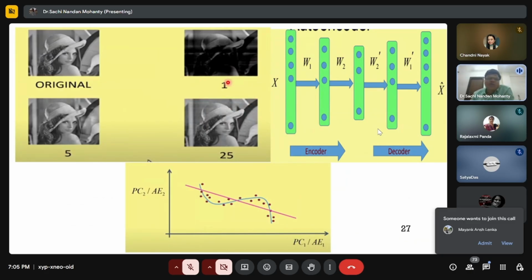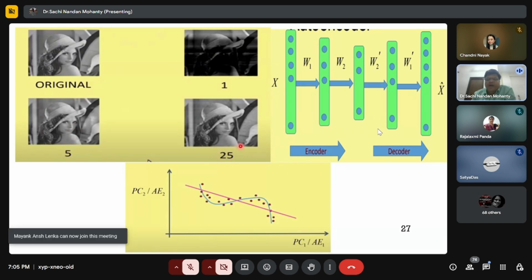So this is called the first component, so we can get it. Now you see the output. This is the original input. Using principal component 1, the output looks like this. With principal component 5, the output looks like this. With principal component 25, the output looks like this.